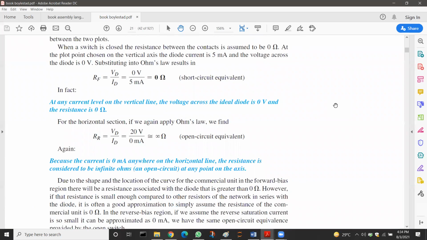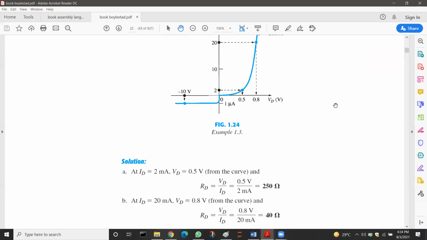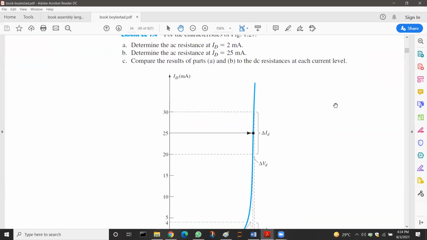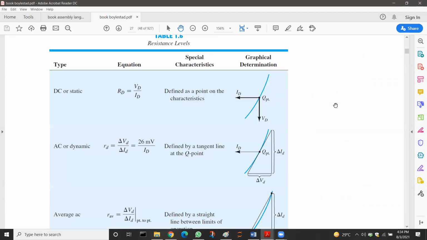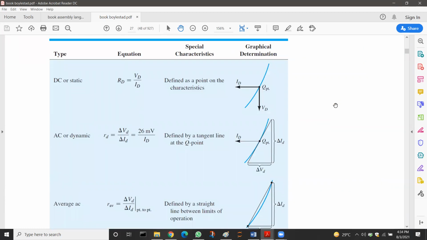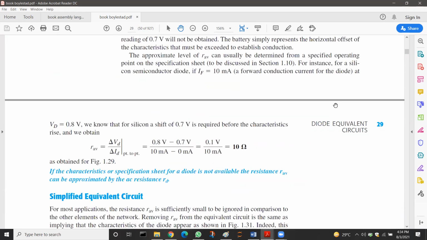In some slides, going to the diode models, the diode models are listed in table form.